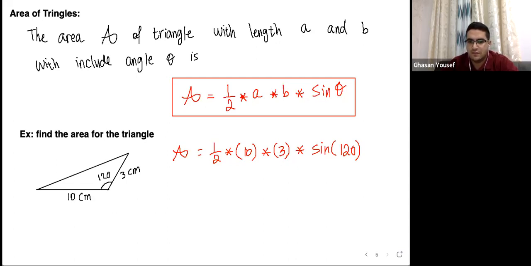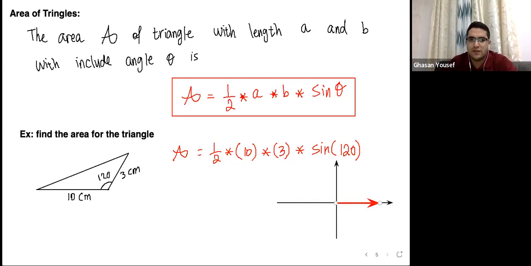So here is my Cartesian plane. My initial side is always the positive x-axis like this. This is my initial side.